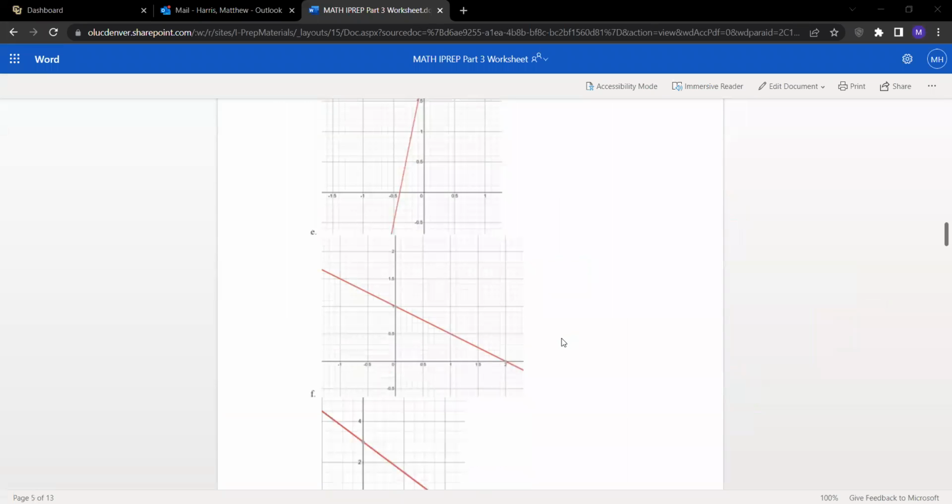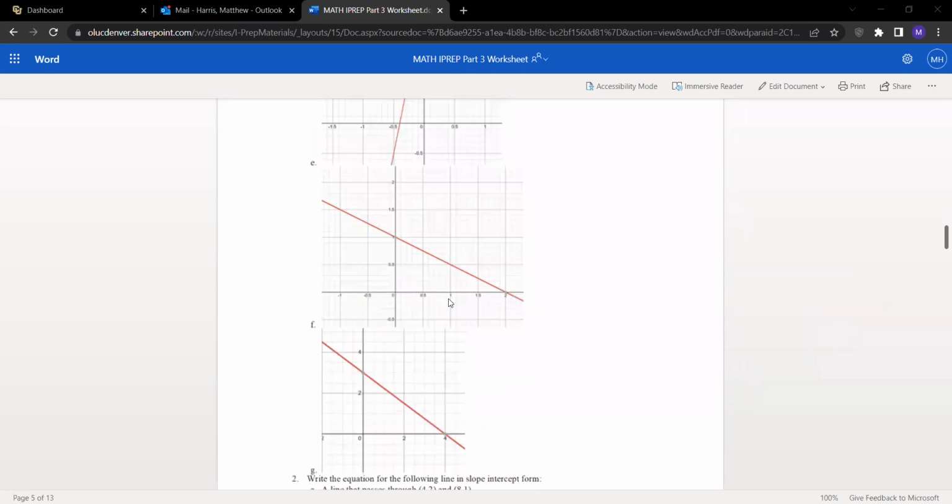So here we have some graphs to look at. So we'll look at these bottom 2. So how do we find the slope? We pick 2 points, and then we just do that from there. So first, we have this point here, and this point here. So our points here, we have 0, 2, and over here we have 0, 1. And over here we have 2, 0.